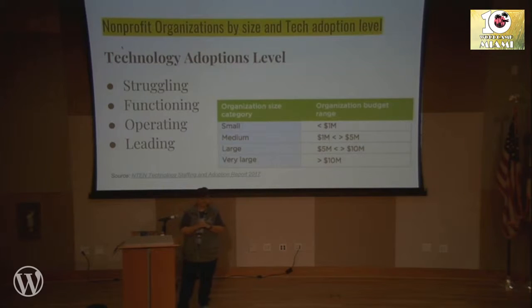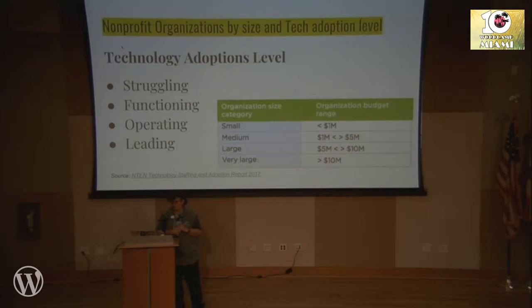I'm part of a nonprofit technology network, and nonprofits come in all shapes and sizes and maturity levels, but for this talk, let's talk about budget size and technology adoption level. NTEN is a nonprofit technology network, and they do reports about the industry, and they published last year a technology staffing and adoption report.